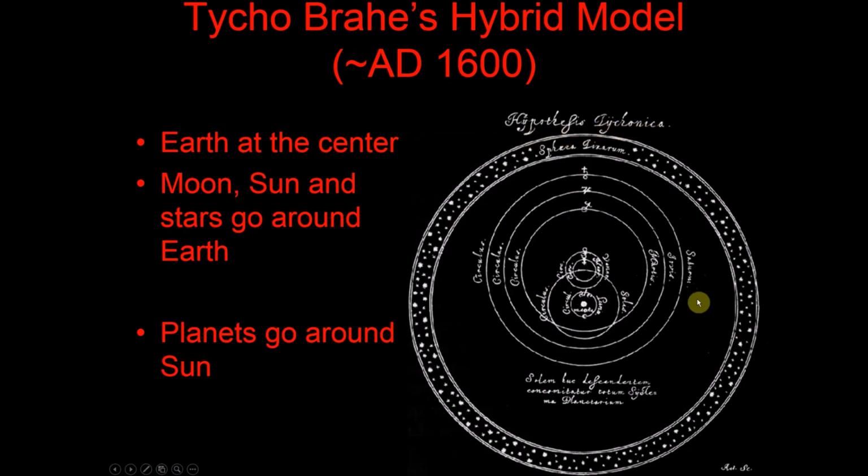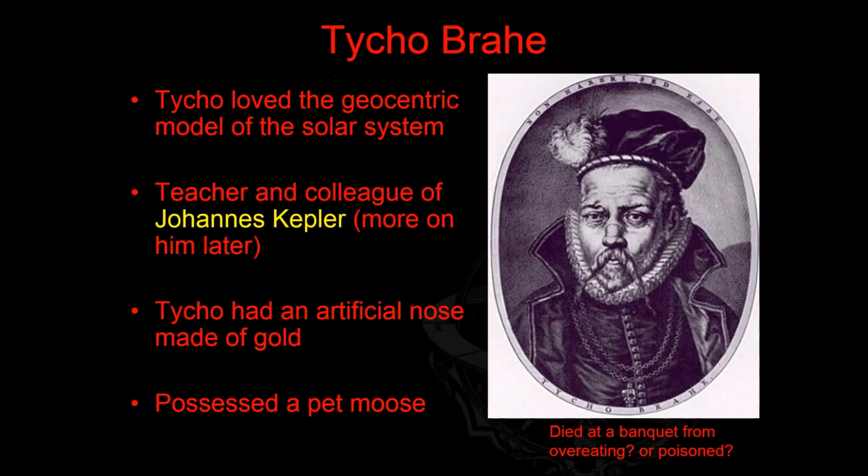This is his own handwriting, his own diagram. Here are the stars in a sphere, as it says here, sphaera stellarum. And then here are the planets going round in their orbits. The Moon, the Sun, and the stars go around the Earth, but then all the planets go around the Sun. And this did account for the same effects.